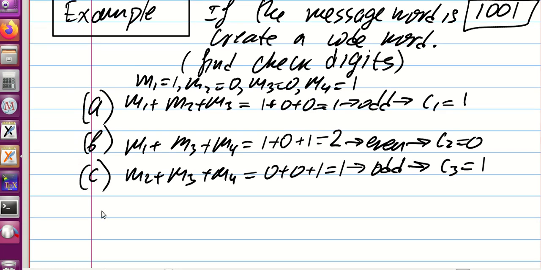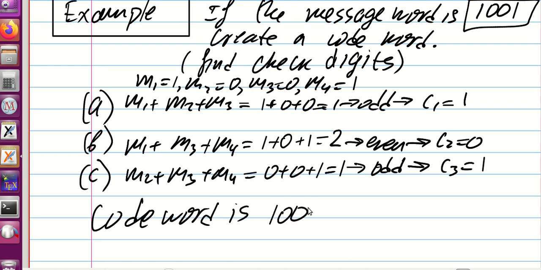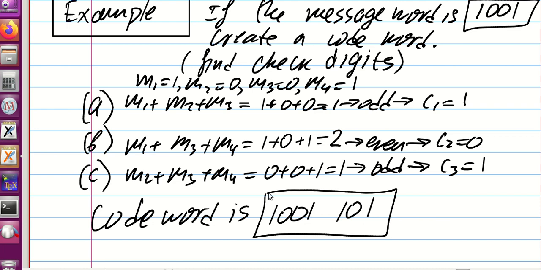So conclusion, our code word is 1001 that comes from the original, and then we add our check digits 101, and that's the message that we're going to send over. So we figure out the code word.